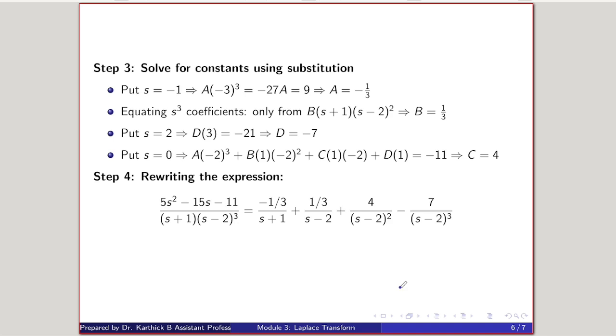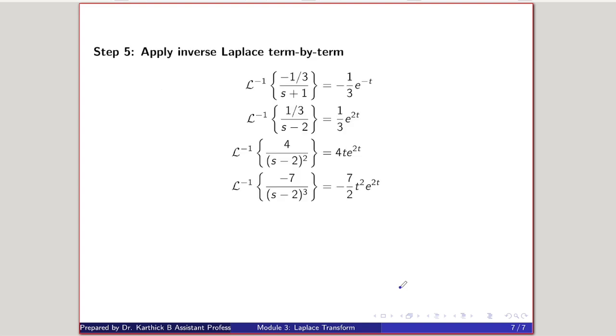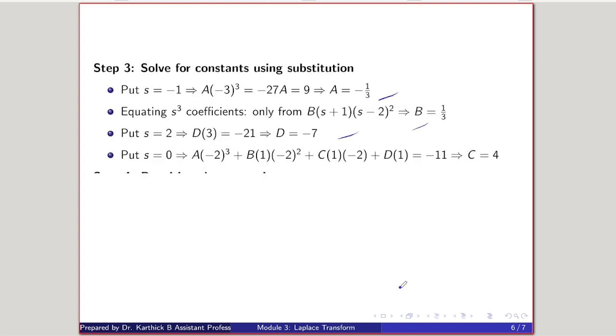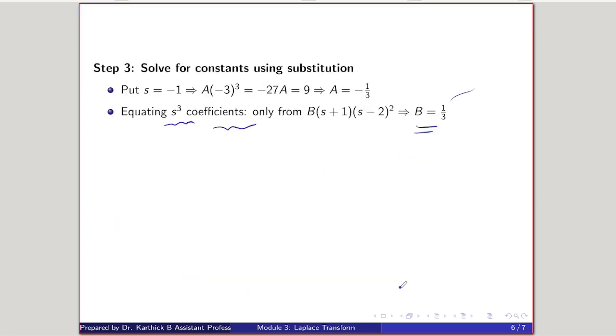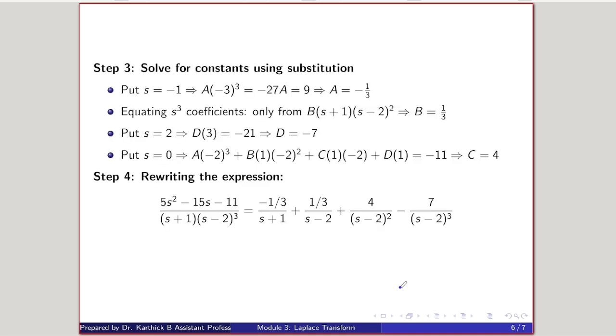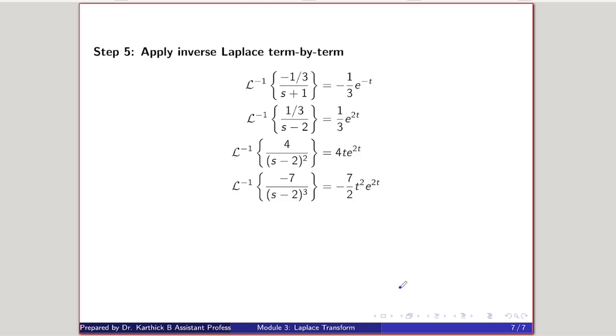Then at last, I have to substitute all those constants in the partial fraction and simplify. The final thing I have to do is take the inverse Laplace of each term. So I keep minus 1/3 as a constant, and the Laplace inverse of 1 by s plus 1 will be e power minus t.